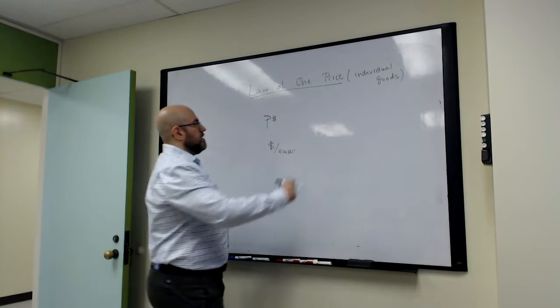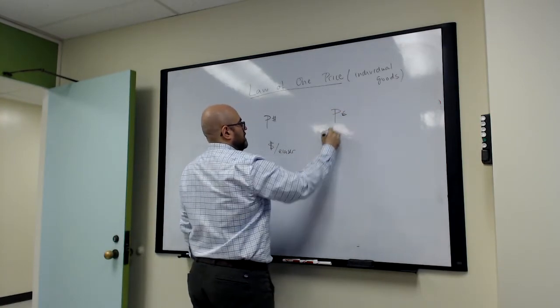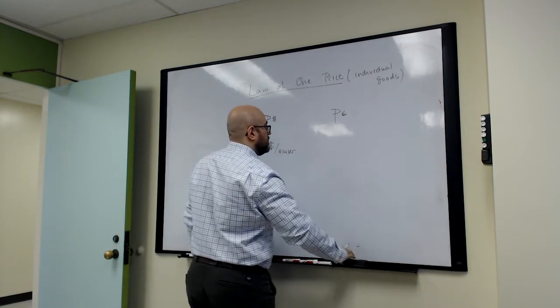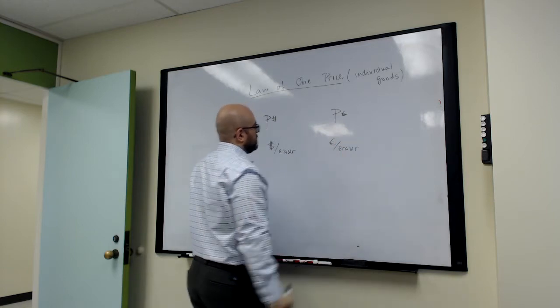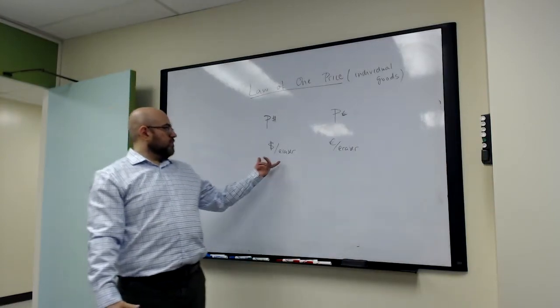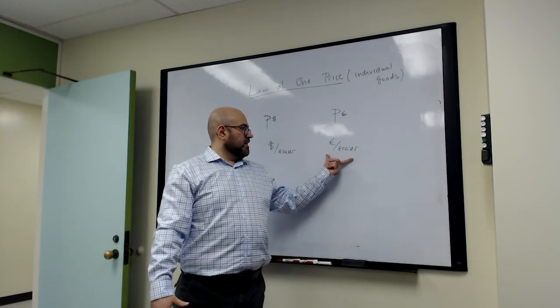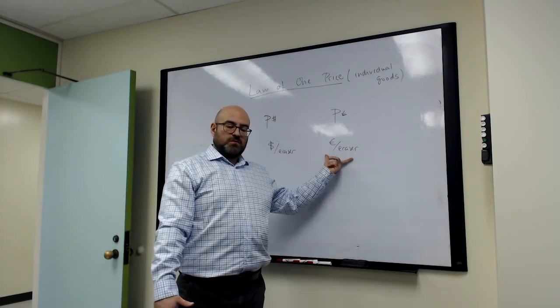At the same time, we have a price in Europe. This is euros per eraser. So it may cost $1 to buy one eraser in the US, but you may have to pay 1.5 euros for one eraser in Europe.